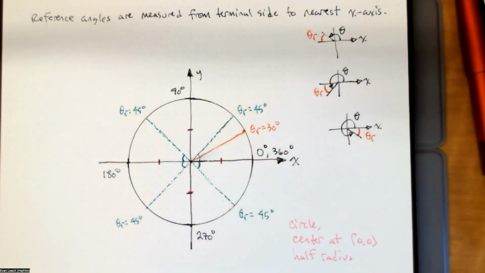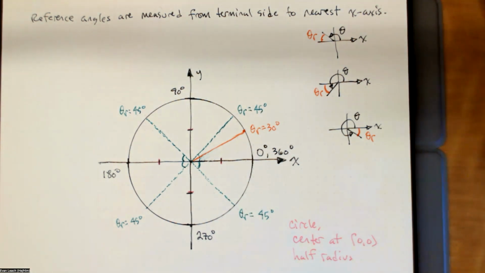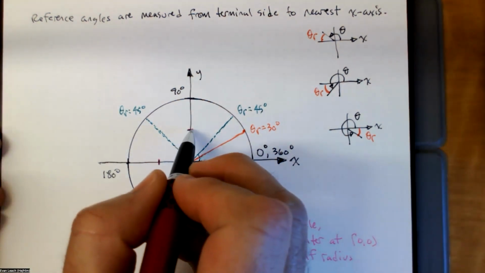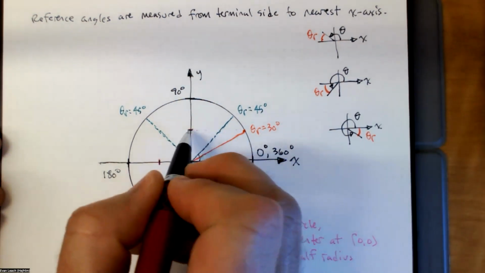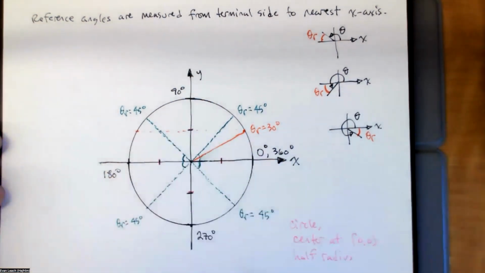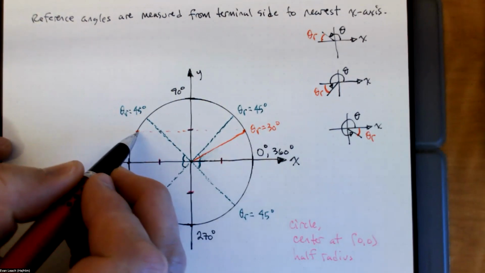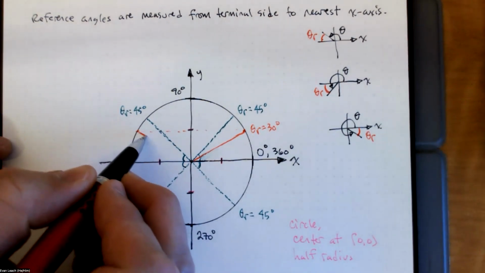There's a 30-degree reference angle. It goes halfway up vertically. Second quadrant, halfway up vertically.